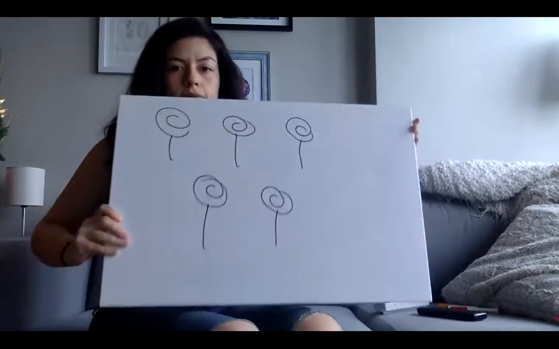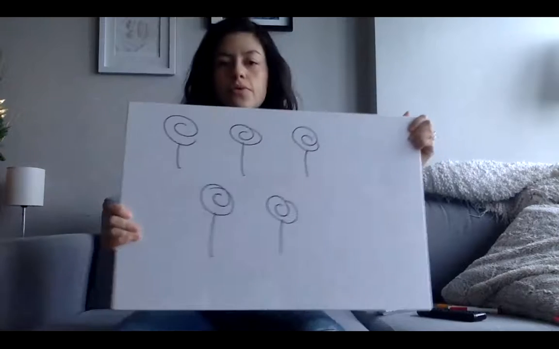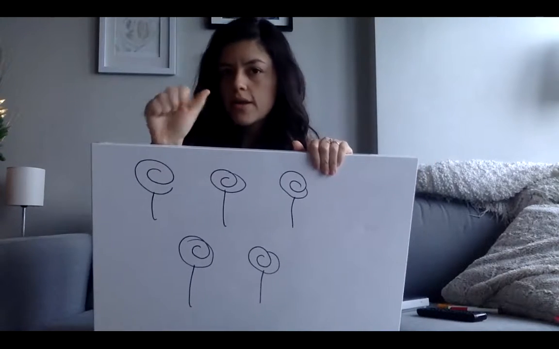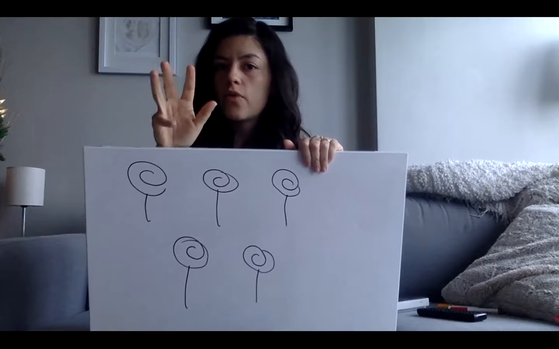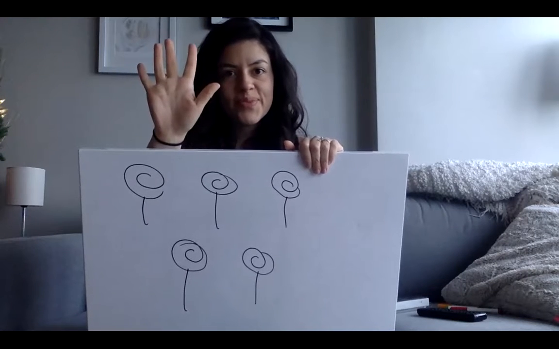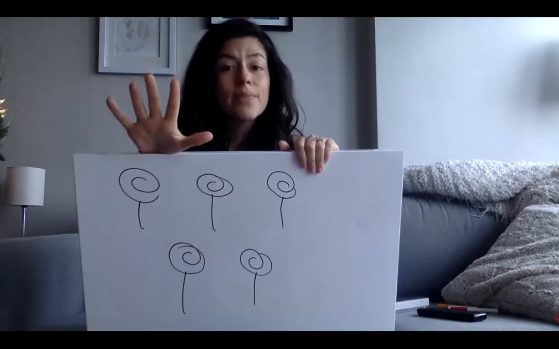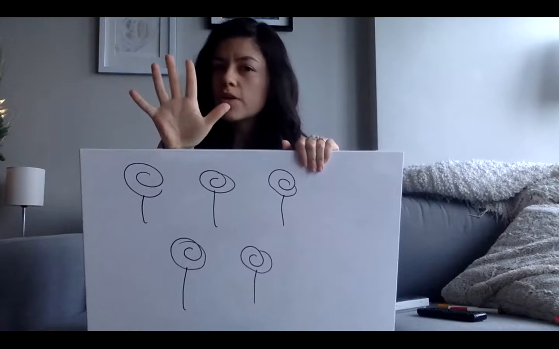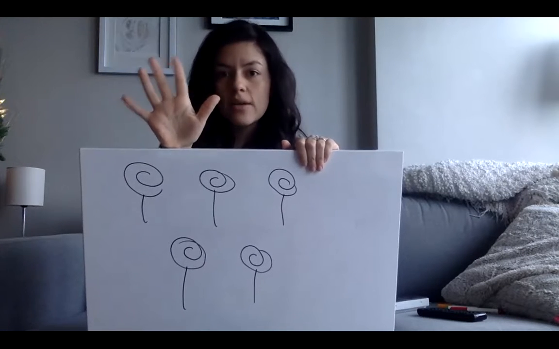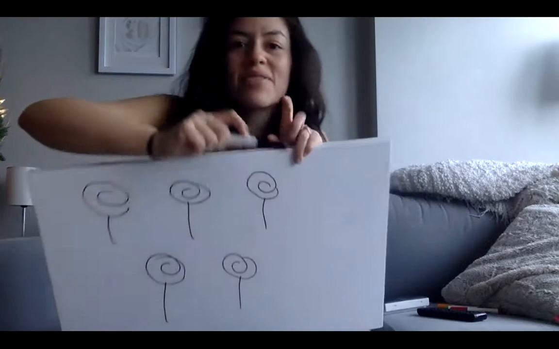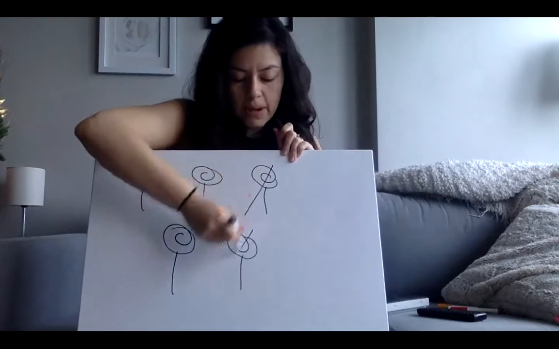So, 5 lollipops. How can we show 5 on our fingers? 1, 2, 3, 4, 5. Do you have 5 fingers up? Great. Now the next thing in the problem is that Annabelle eats 2 lollipops. So how can we show 2 lollipops being eaten? We're going to put 2 fingers down. That's the same thing as crossing out 2 lollipops here.